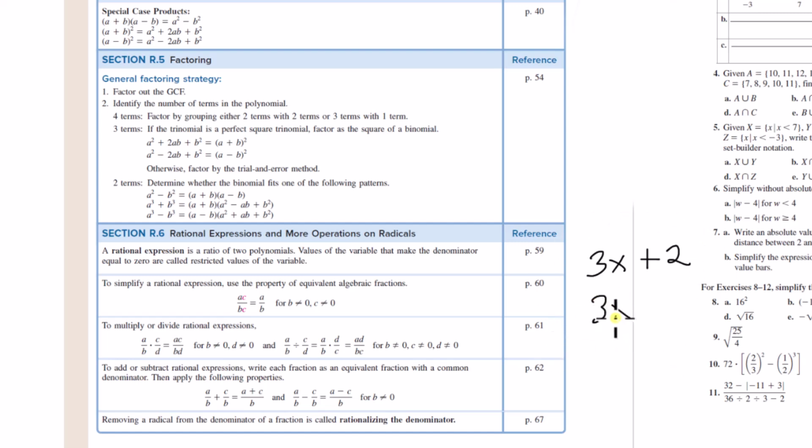This is a first order polynomial with leading coefficient 3, and this is a 0th order polynomial with leading coefficient 1, and 2. So these are all ratios of polynomials, right?